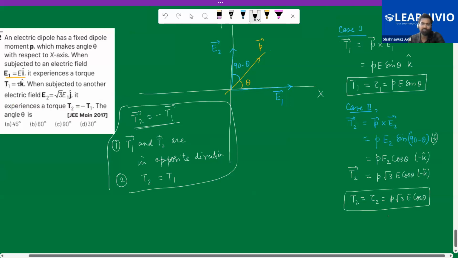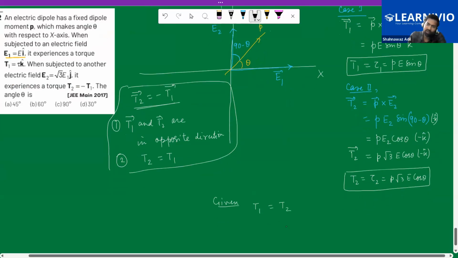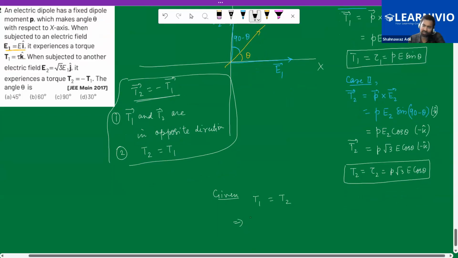Is it clear? It is given that the magnitude of T1 is equal to T2. The magnitude of T1 is PE sine theta, and the magnitude of T2 is P root 3 E cos theta. So E and E cancel, P and P cancel.